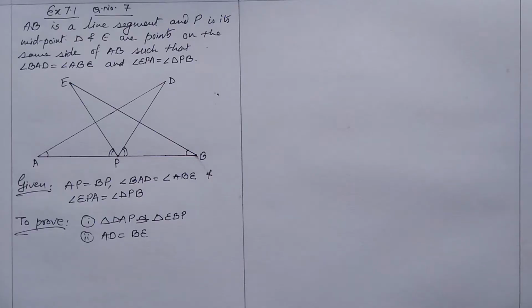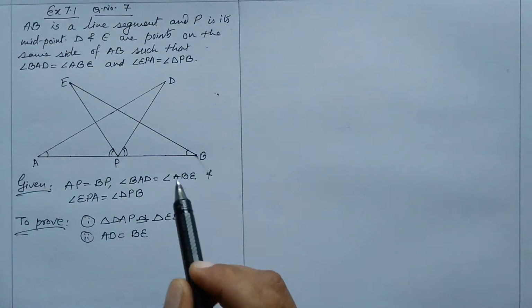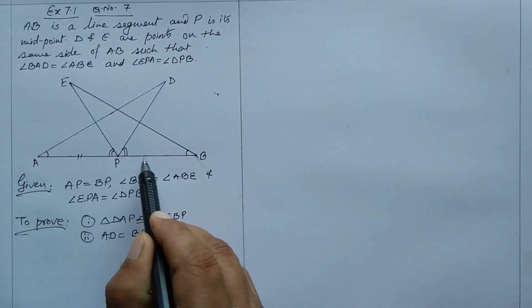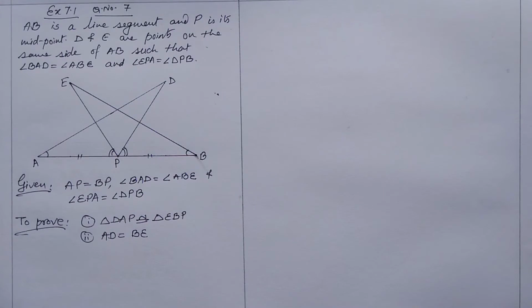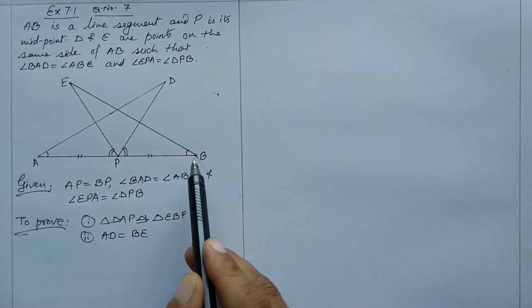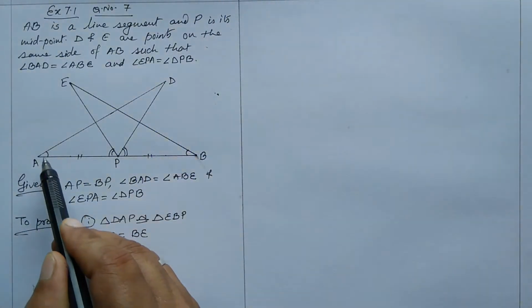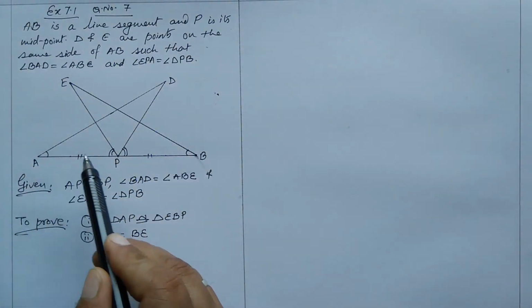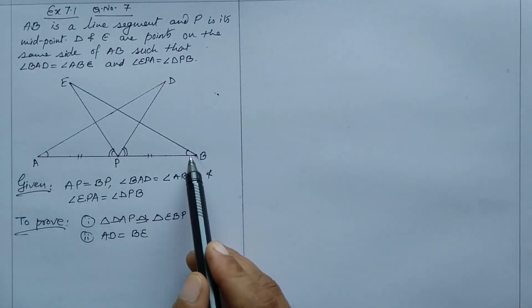Let us see question number 7 of exercise 7.1. Here AB is a line segment, P is a midpoint. So I will write AP is equal to BP. Identical markings I will show. Then angle BAD and angle ABE, you can see identical markings, so these two angles are congruent.